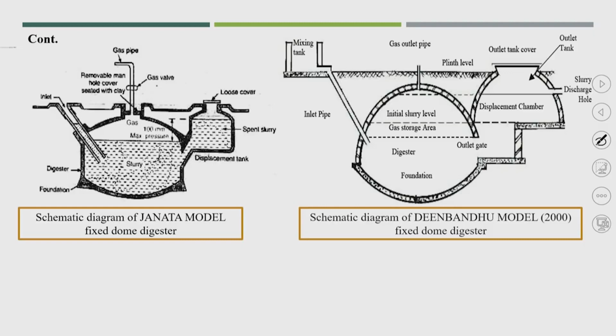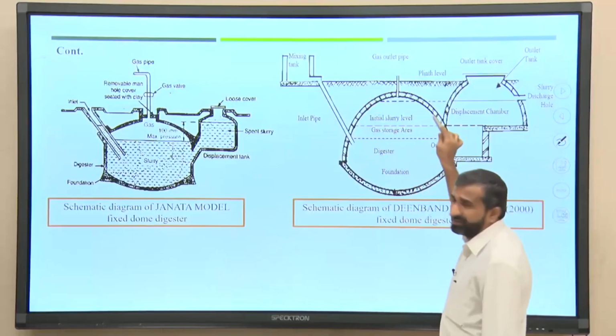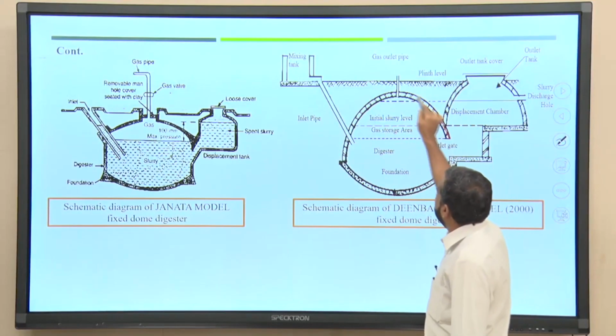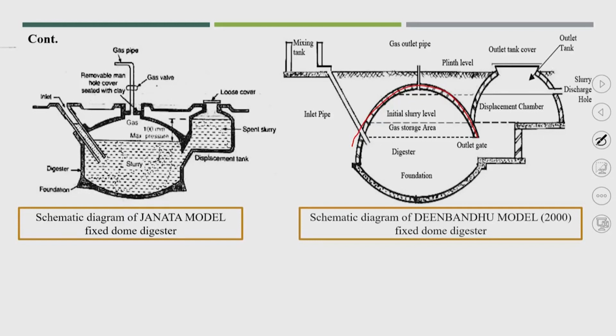Now, suppose there is some kind of problem in the reactor, suppose somewhere there is a leakage. Suppose in this dome you find some day a leakage of gas, in this case you can't do anything. Once a leakage problem starts, it is very difficult to fix that leakage in the Janta model.